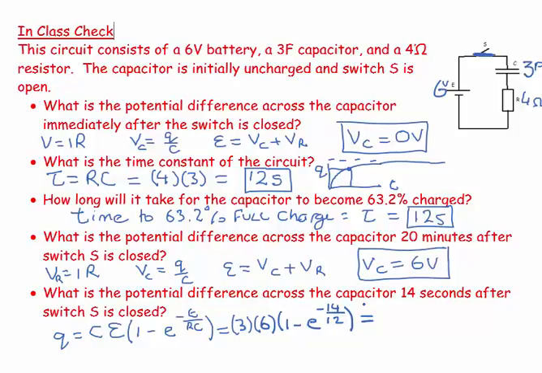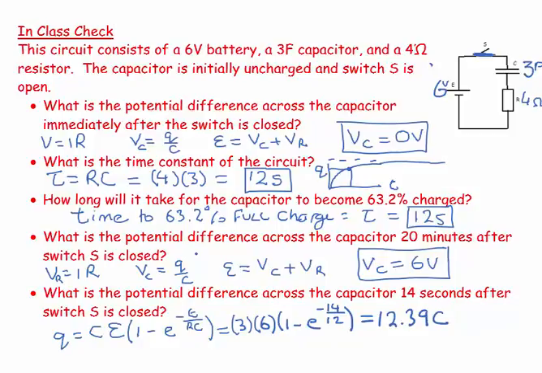It's 1 minus that fractional number, and then I multiply that by my number of farads, and I multiply that by my EMF. And so I'm getting 12.39. So this is, where's my pen gone? Here we go, 12.39, and that would be coulombs.